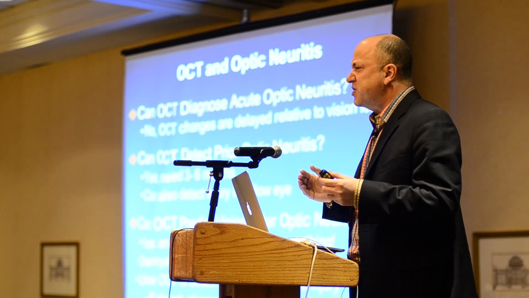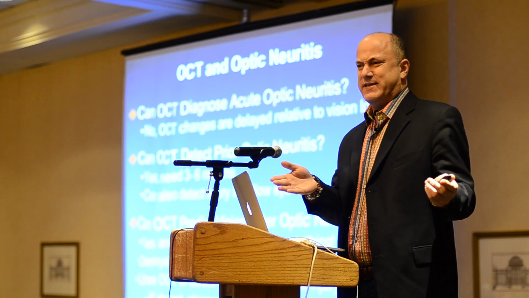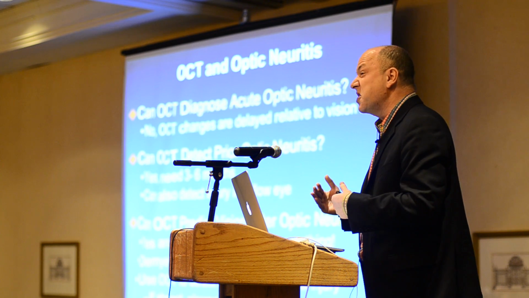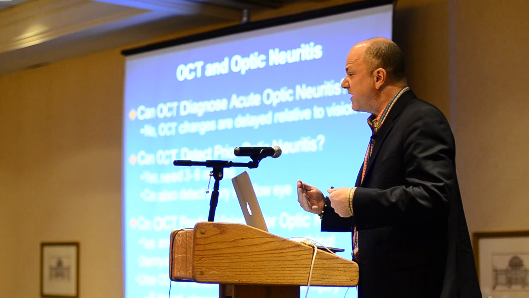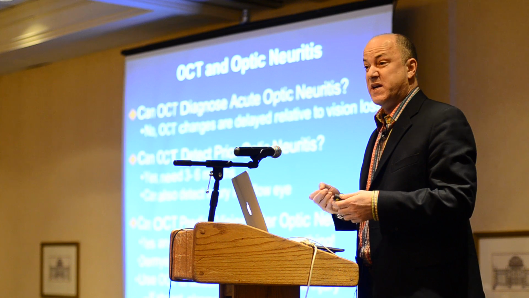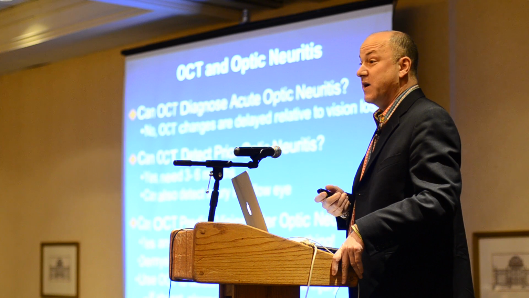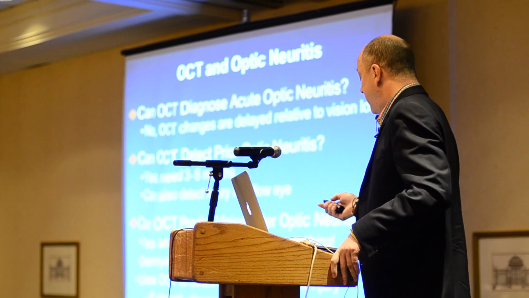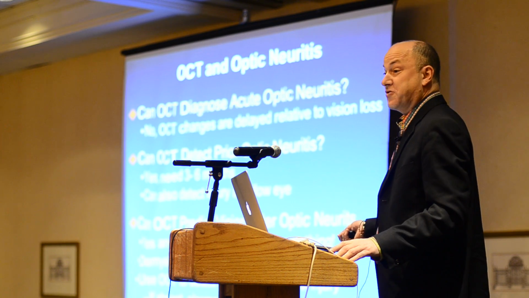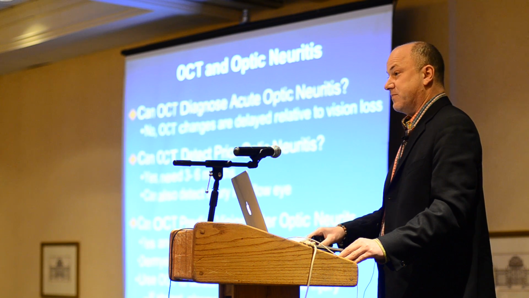And in that situation, if there's a discordancy, that is, the amount of cables you've lost really isn't that much, but your vision still stinks, then we can get a little bit more aggressive, thinking that the demyelination or the inflammation may not be responding well to therapy, and that's when we can go to bigger things than just steroids to try to speed up the recovery. And so OCT can be helpful in looking at more aggressive and potentially hazardous interventions like plasma exchange to help make the vision get better.